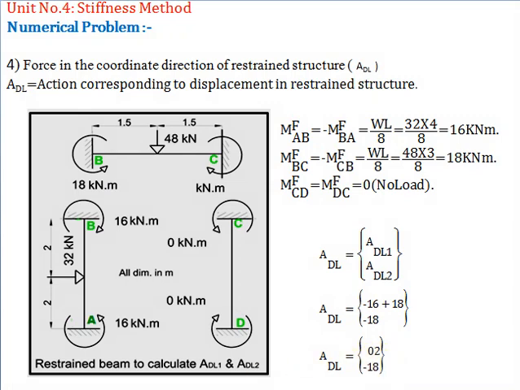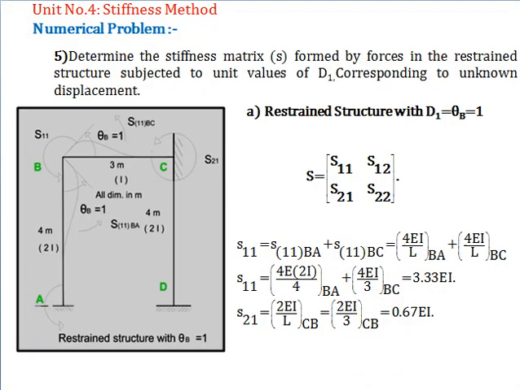Now after finding out the ADL matrix, the next step is to determine the stiffness matrix, that is S, formed by the forces in the restrained structure subjected to unit values of D corresponding to the unknown displacement. Okay. Now here first is the restrained structure with D1 equal to 1. That means our first unknown is what?